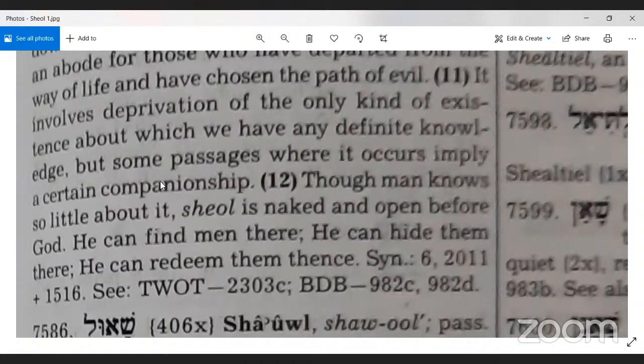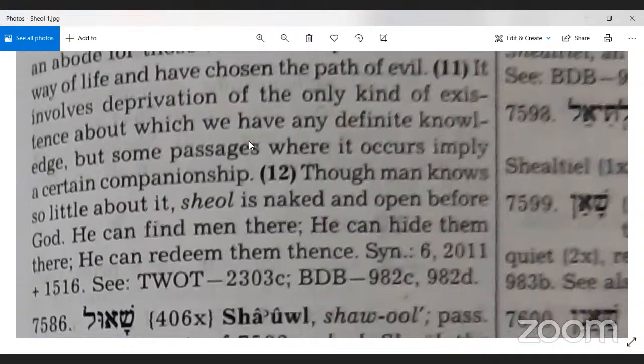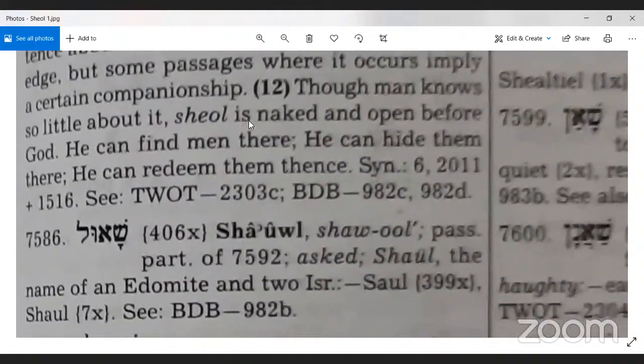That goes back to the inmates, right? Okay, 12. Though man knows so little about it, Sheol is naked and open before the Most High. He can find men there. He can hide them there. He can redeem them thence.